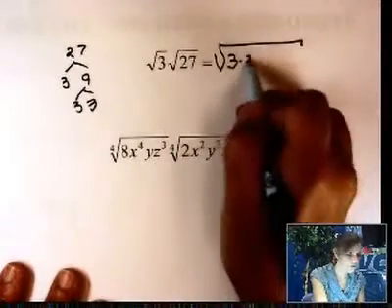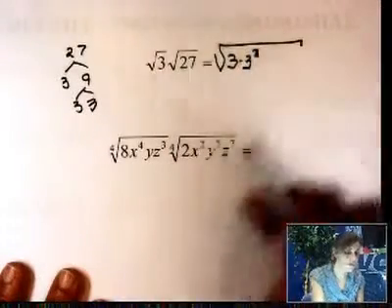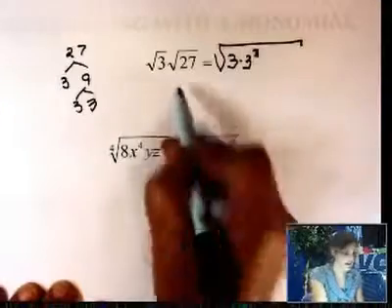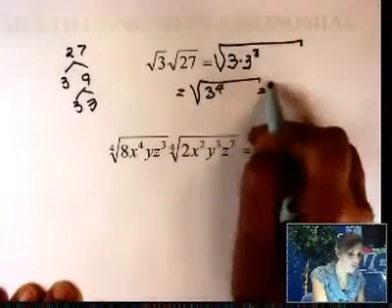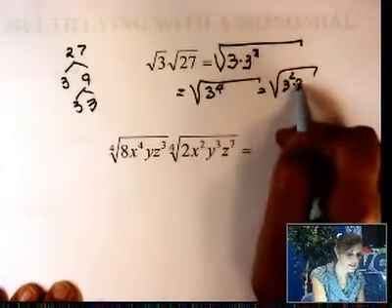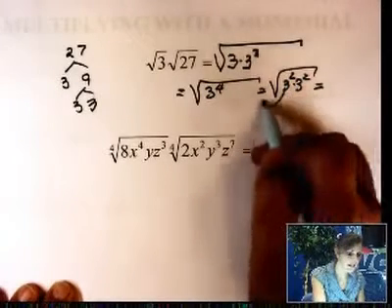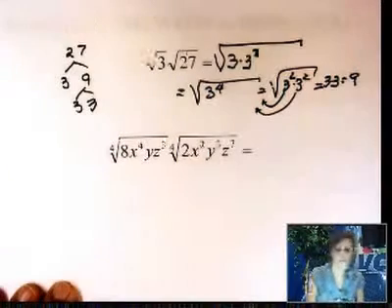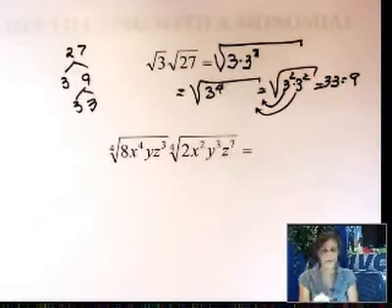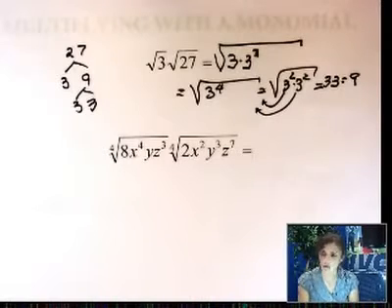So that's actually 3 to the 3rd power. And what does that mean? This is actually square root of 3 to the 4th power, which is square root of 3 squared and 3 squared. This comes out, 3 times 3, 9. Okay? You don't have to put that many little steps in there, but that's how it works out.